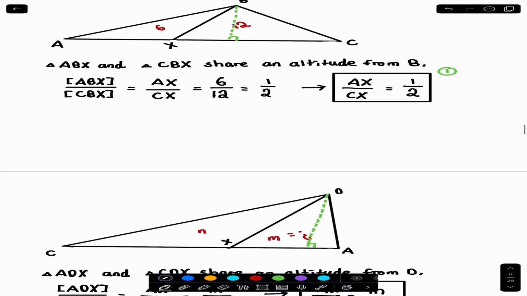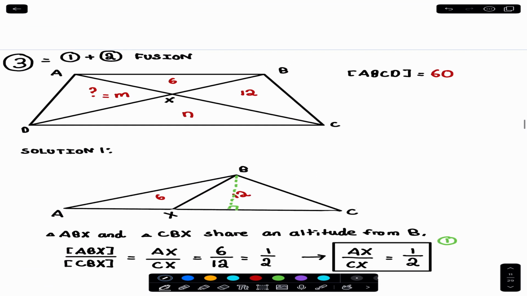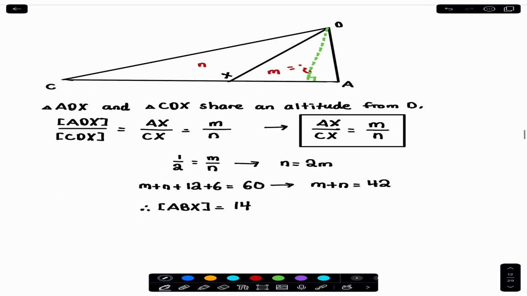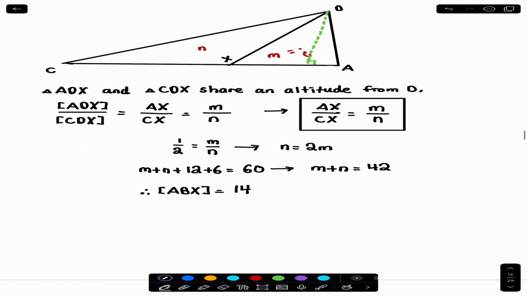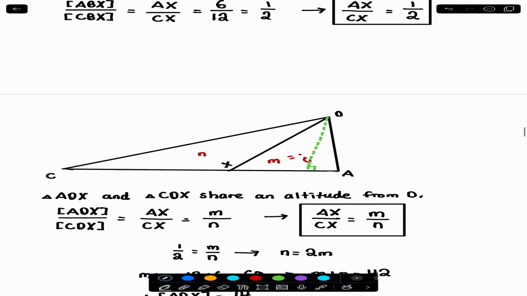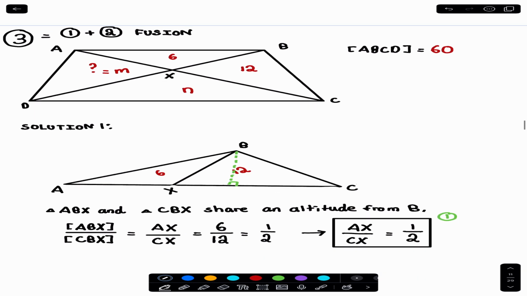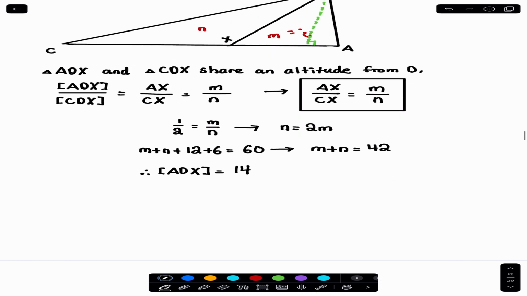Because ABX, yes, ADX, that's my bad. Got the wrong letter. ADX is equal to 14. That looks about right.